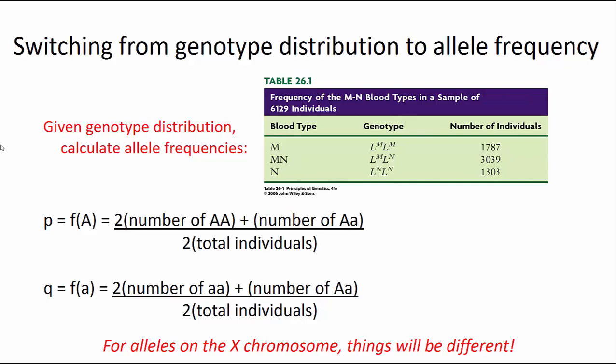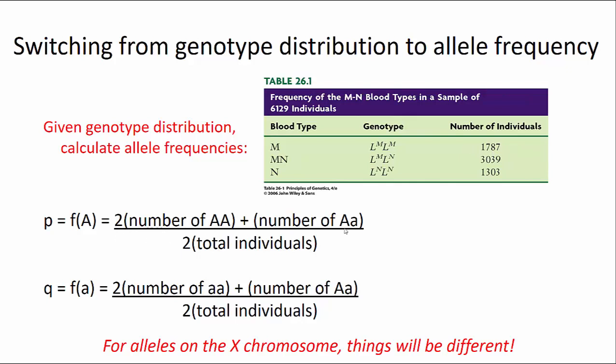For example, if you were calculating p, which in this case is the frequency of the L^M allele, you would look at the individuals who are homozygous for the L^M allele. Each of those individuals has two L^M alleles, so you would count them up by multiplying that 1787 individuals who are homozygous times 2.